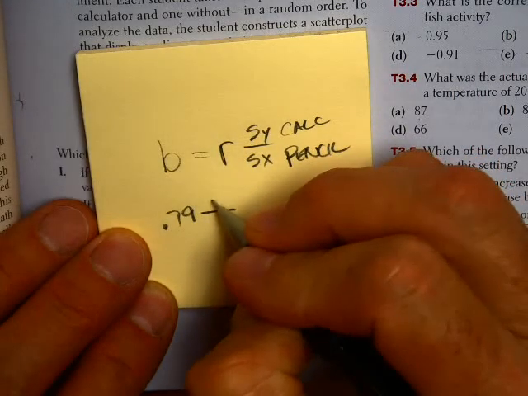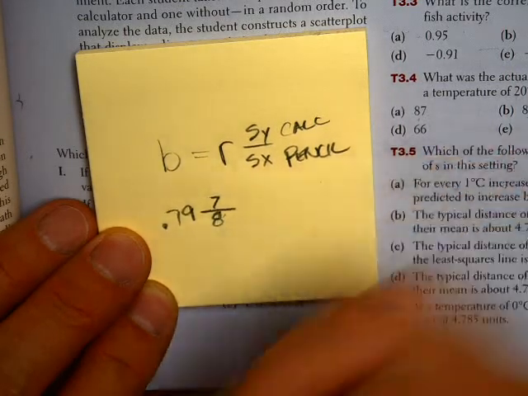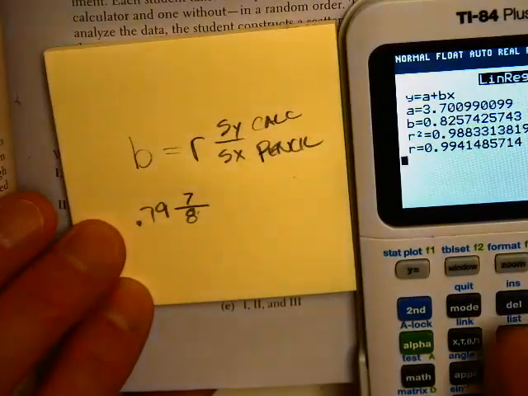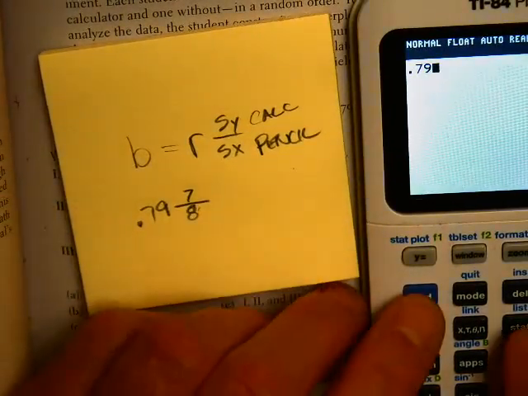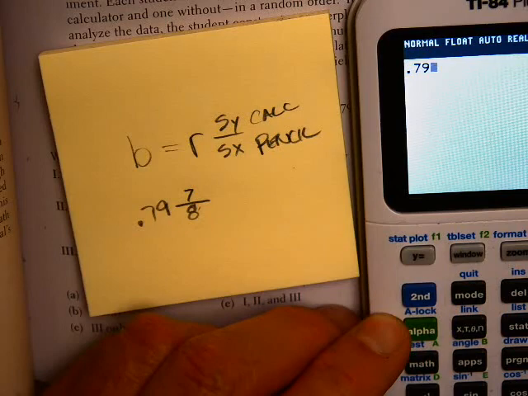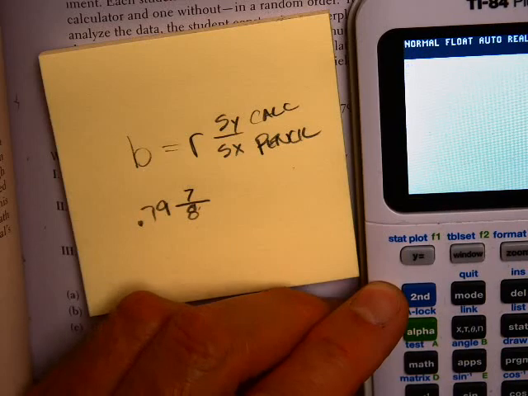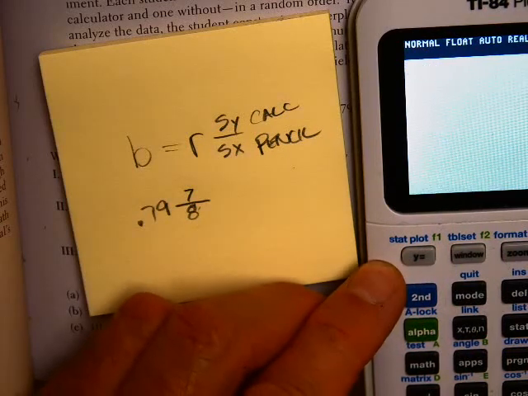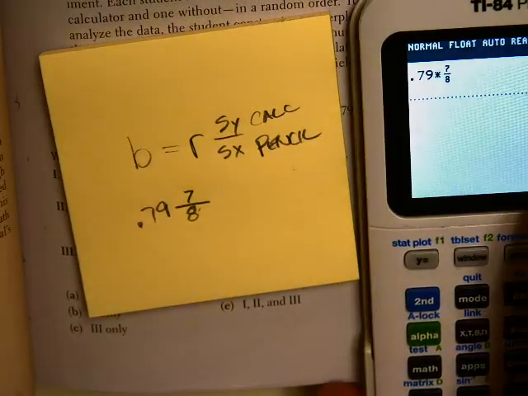So let's just try something. What if I made the calculator standard deviation 7 and the pencil 8? This is just number sense. So if I take 0.79 times a fraction of 7 over 8, I get a number that's smaller.